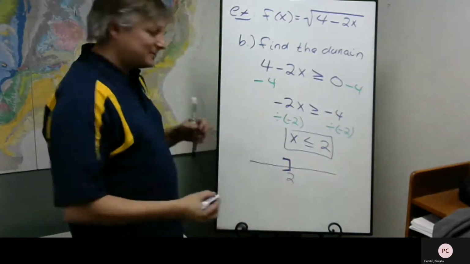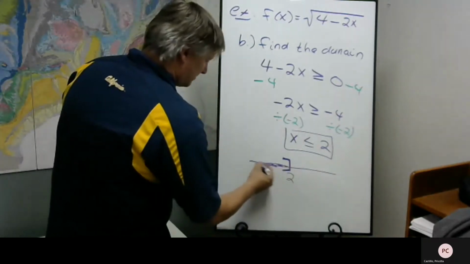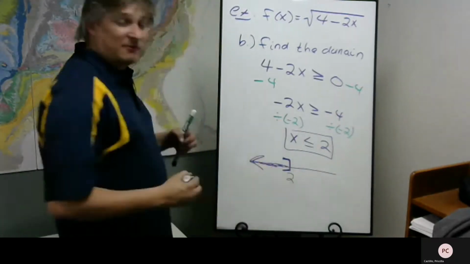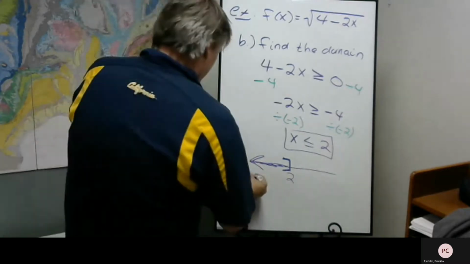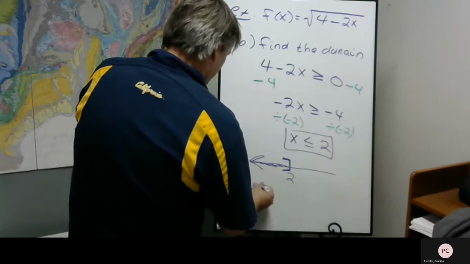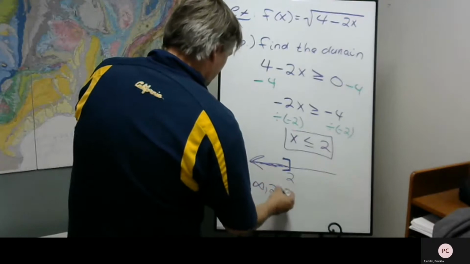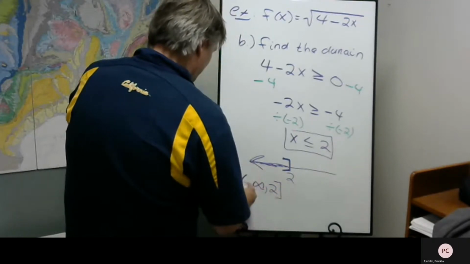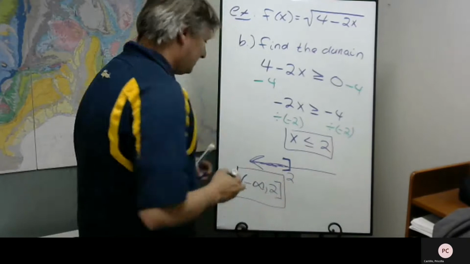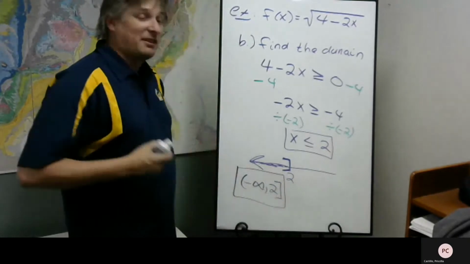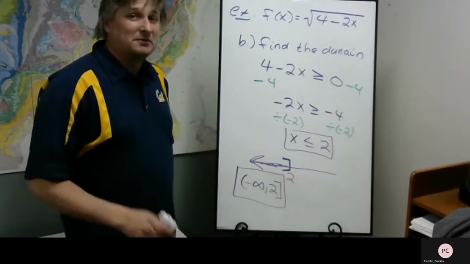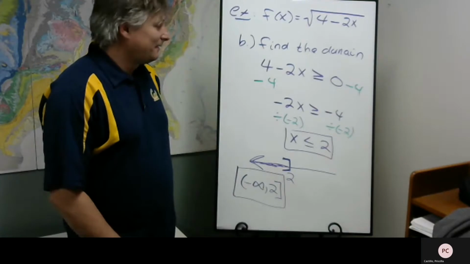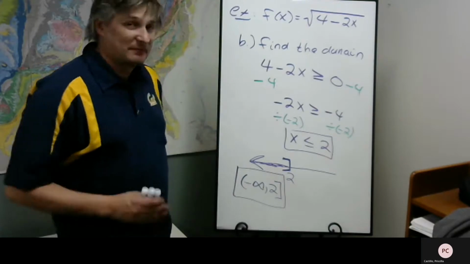And since x is less than, we take everything to the left. This interval will be negative infinity, comma, 2 with the bracket. That's going to be your answer. So any questions about that? All right.